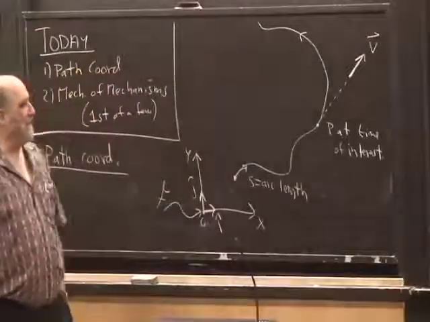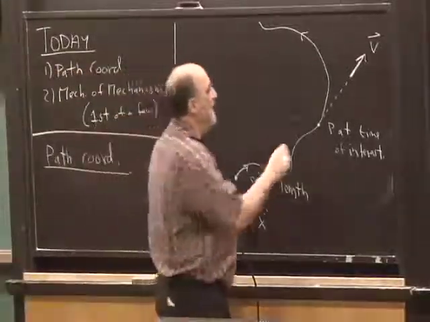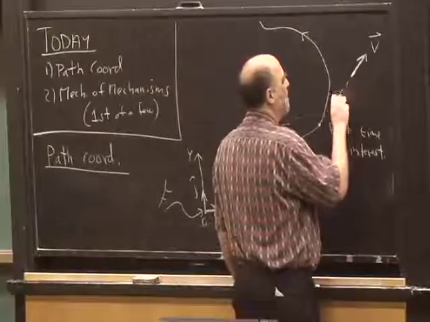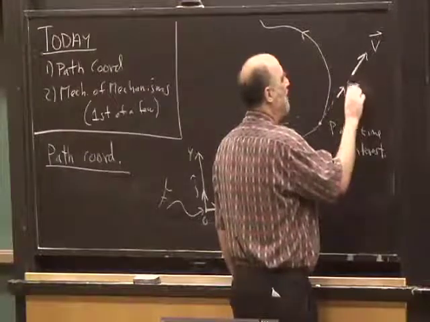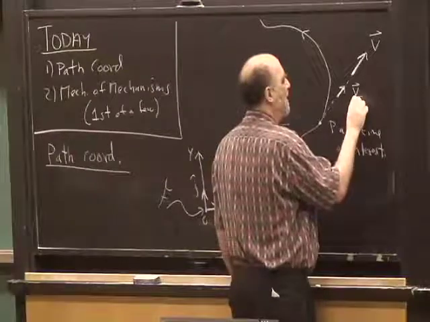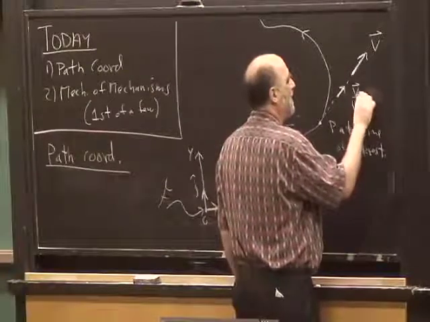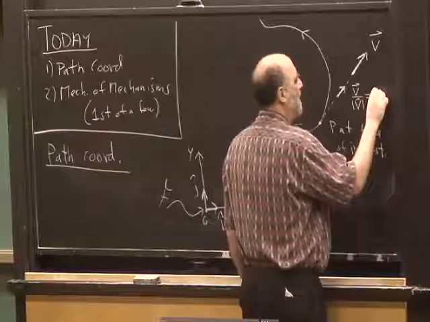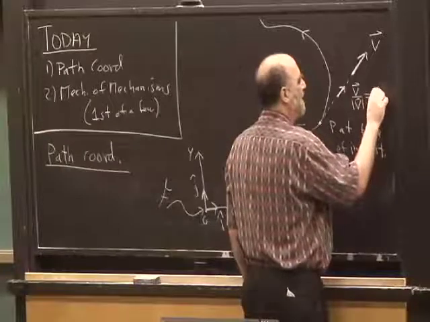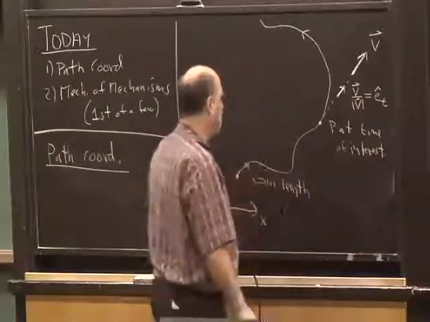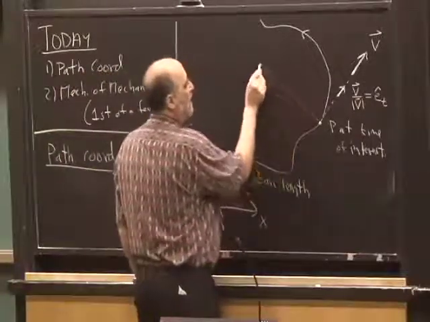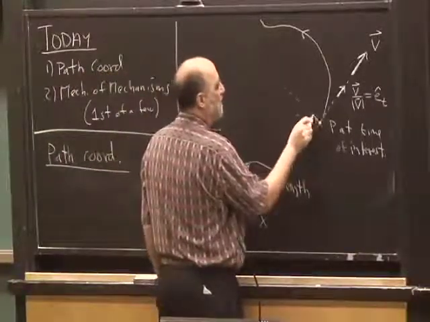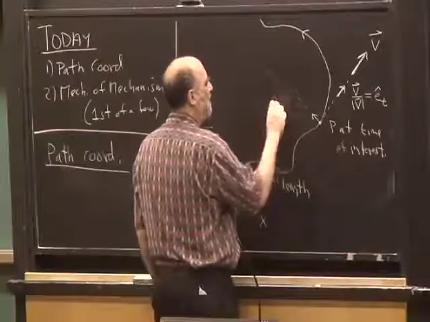And another vector we can make up is a vector which is parallel to the velocity, but it's a unit vector. So we take the velocity, divide by its magnitude, and we call that the tangent vector. Well, if we have a tangent vector, we can make up a vector which is perpendicular to it, and we call this the normal vector.